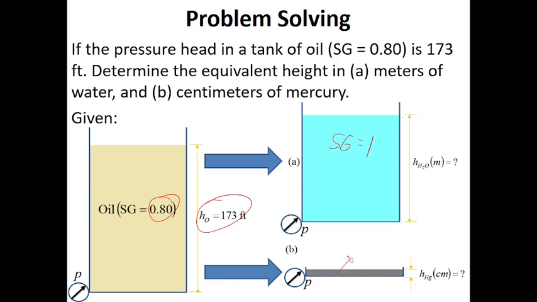The specific gravity of mercury is 13.6, and this is expected to be the lowest among the three in terms of pressure head that will produce the same amount of pressure. So that's the reason, because of their specific gravity. If their specific gravity is large, the corresponding pressure head will be low, will be small.